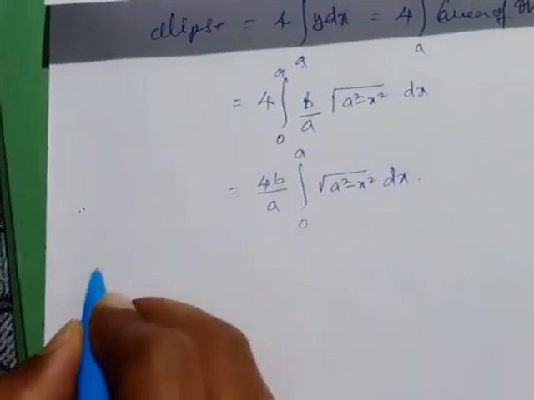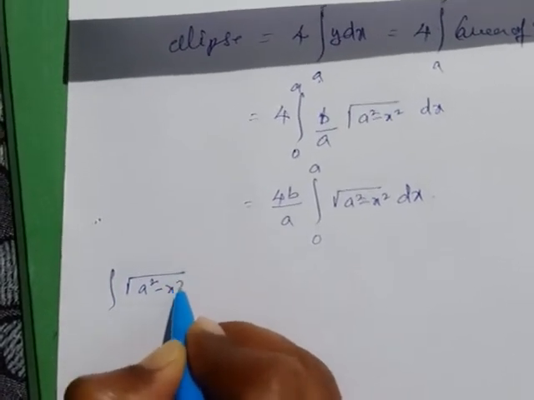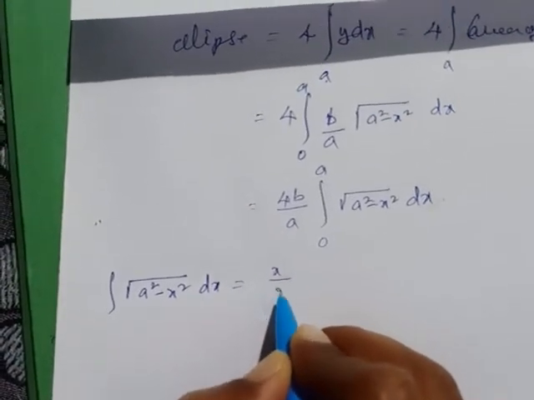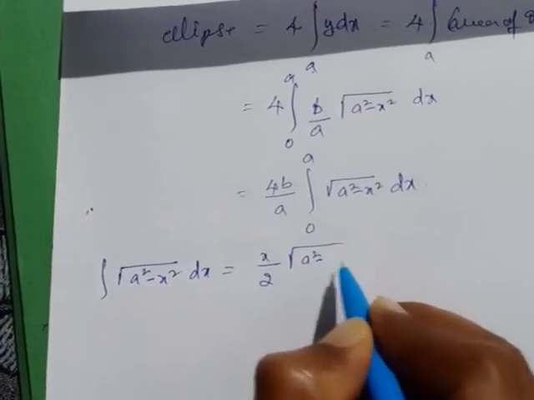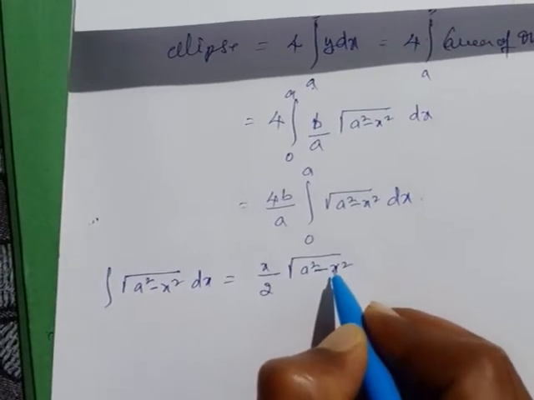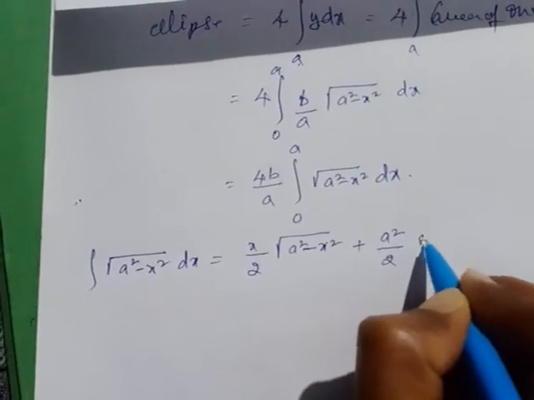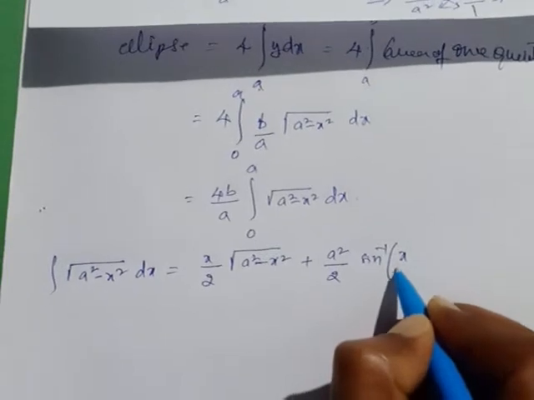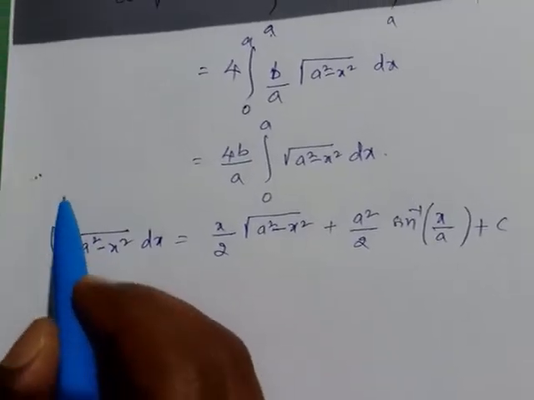See, this is the formula directly: integral of under root a square minus x square dx is equal to x by 2 into under root a square minus x square plus a square by 2 sine inverse of x by a plus c. So this is the formula.